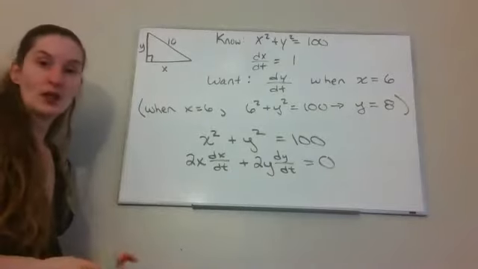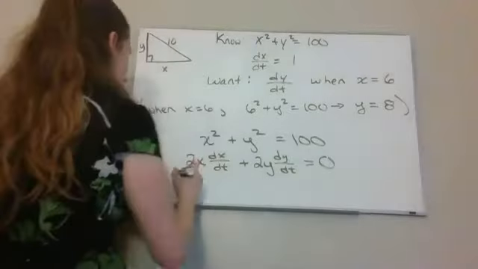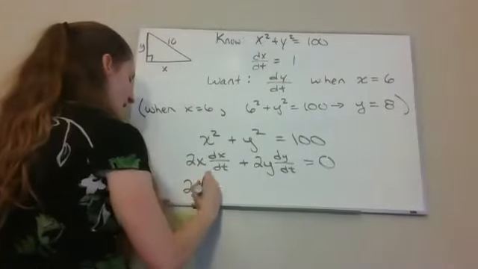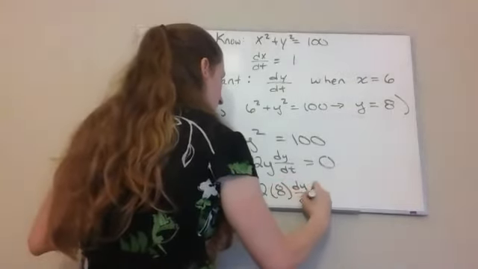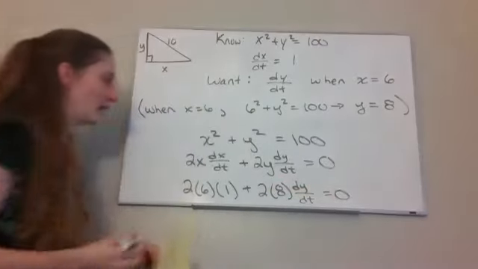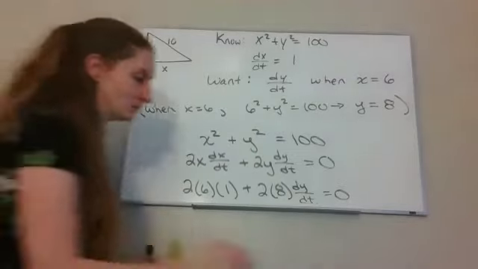And now I just plug in everything I know and solve for the thing that I want. I know my x is supposed to be 6. My dx dt is 1. We already found y is going to be 8. And this is what I have to solve now to figure out what dy dt is.